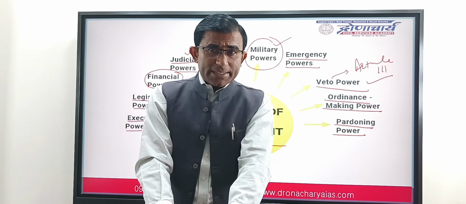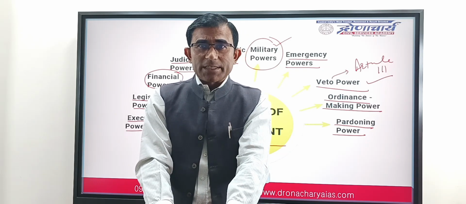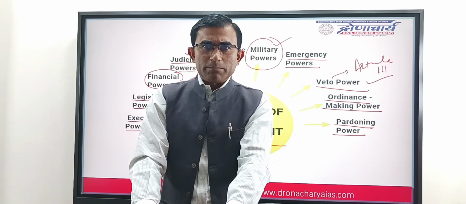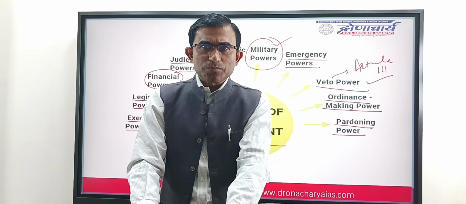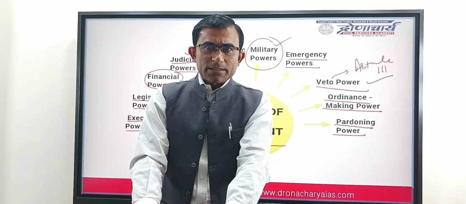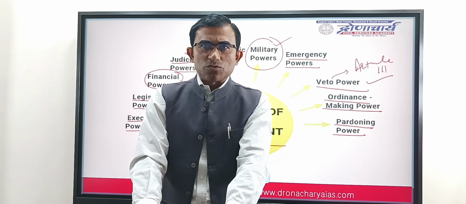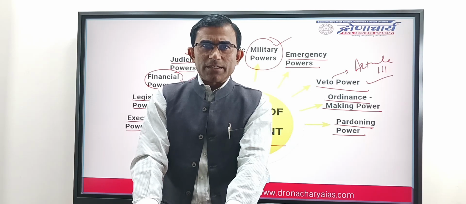The 42nd Constitutional Amendment Act of 1976, enacted by the Indira Gandhi government, made the President bound by prime ministerial recommendations. In 1978, the Morarji Desai government enacted the 44th Constitutional Amendment Act, which allowed the President to require the Council of Ministers to reconsider such advice either in general or in specific cases.